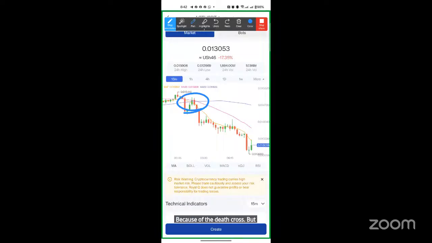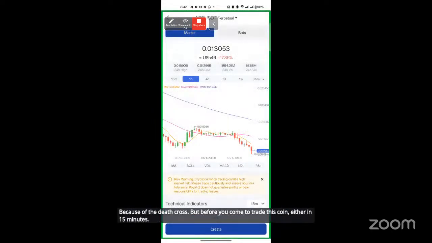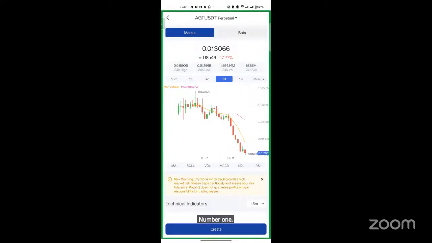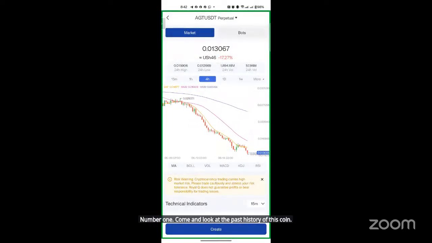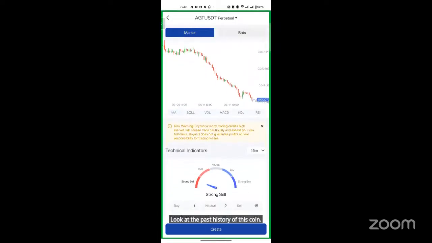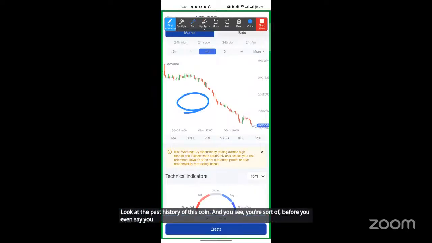But before you come to trade this coin, either in 15 minutes or in 1 hour or in 4 hours, number one, come and look at the past history of this coin. Look at the past history of this coin and see for yourself before you even say you want to enjoy the coin.